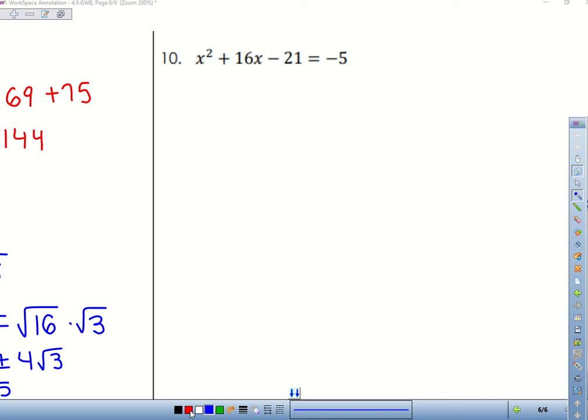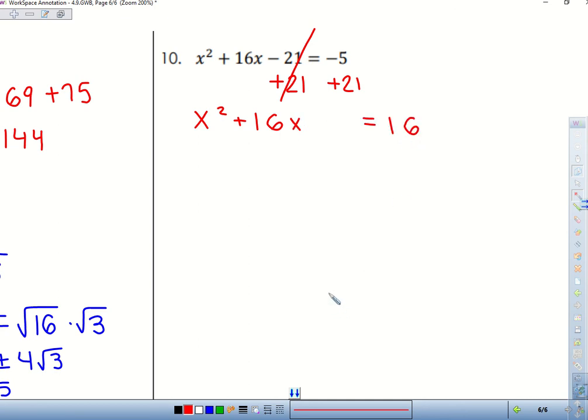All right. Let's try the last problem of the day. So I need to get rid of this c term, so what can I do to it? Add it. Do I have anything to factor out here?